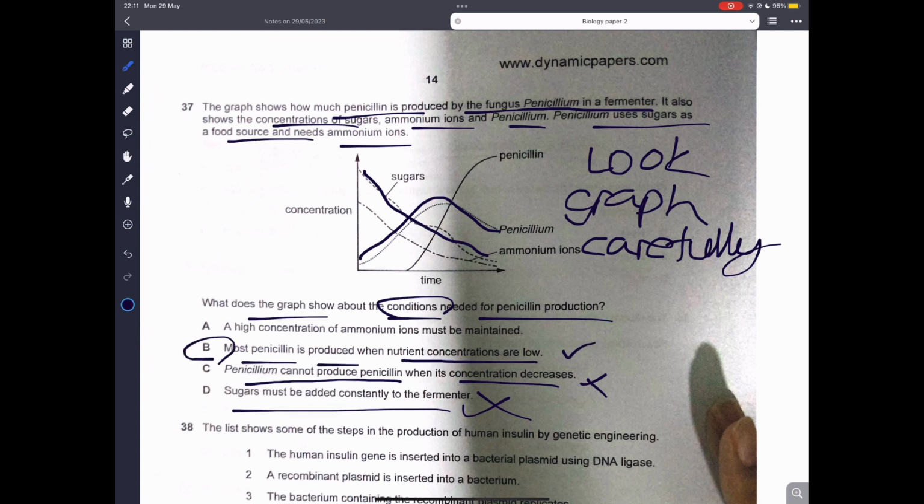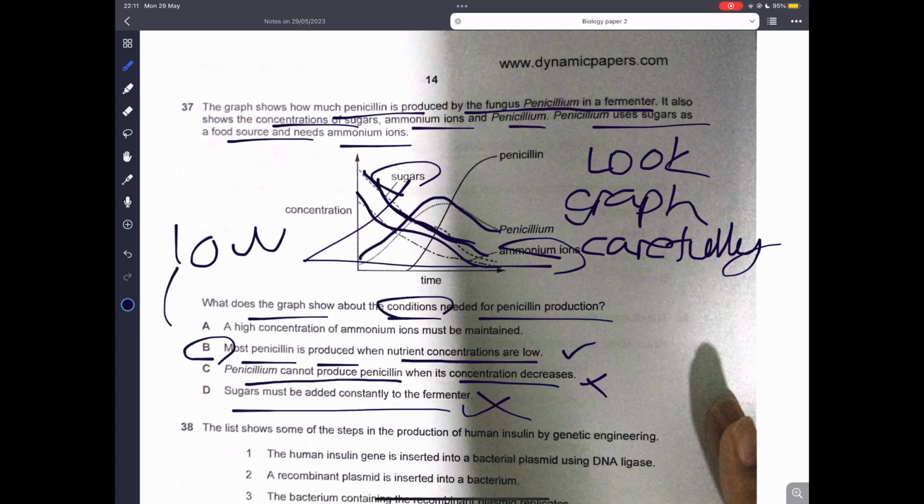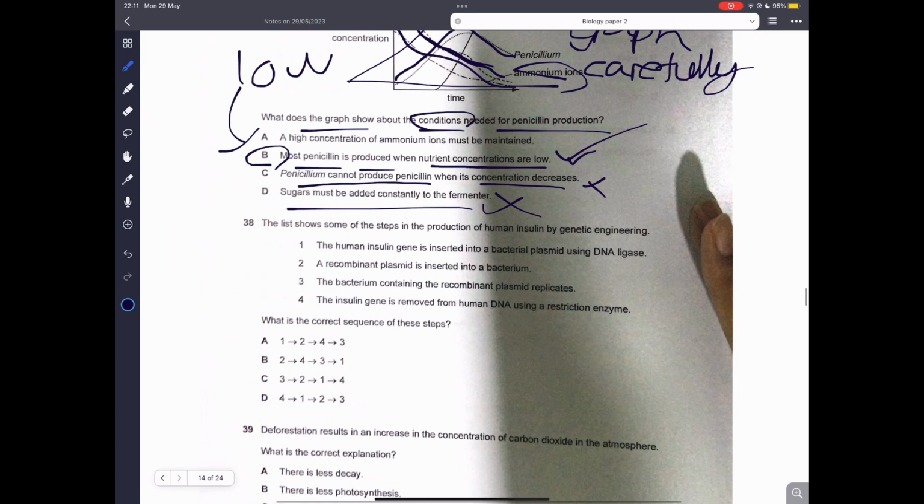This is correct because the nutrients needed for the fungus, like sugar and ammonium ions, are relatively low over time, and they still produce a high amount of penicillin. So this is correct. When the nutrient concentrations are low, they produce it.